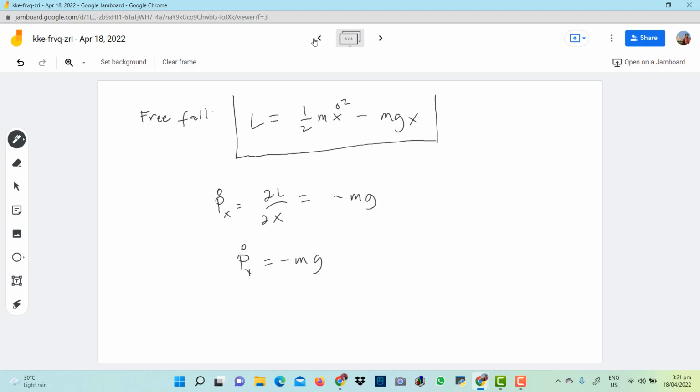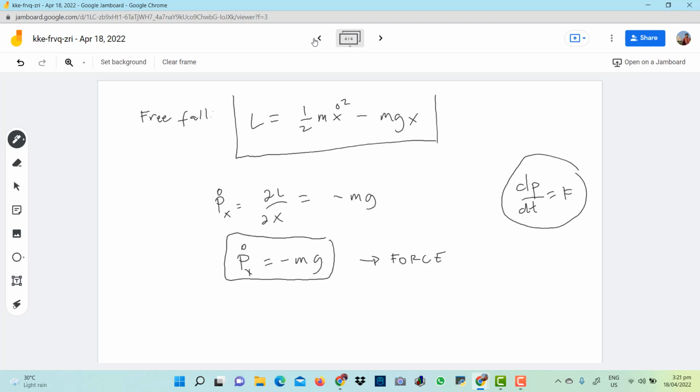And in this case, take note, if you take the derivative of momentum, what you get is actually a force. Because from the second law of motion, dp/dt is just equal to force F. So if you take the derivative of momentum with respect to time, you get a force. Although the force is constant in free fall, the momentum is not constant. So this is your force: p dot x is minus mg.